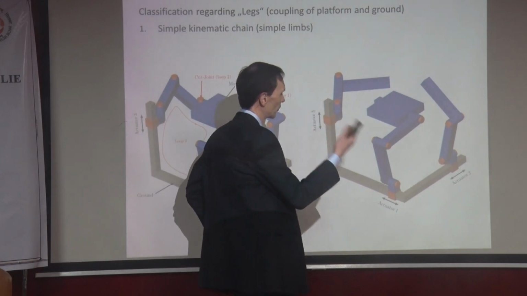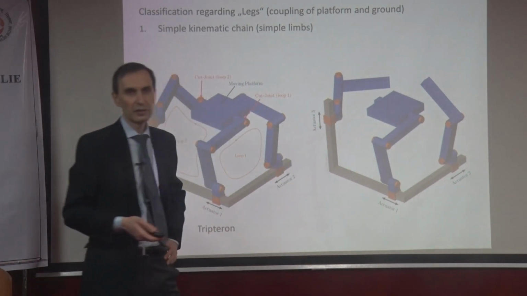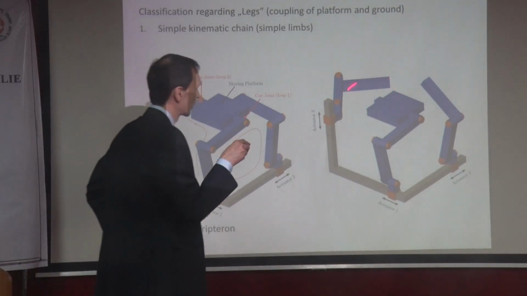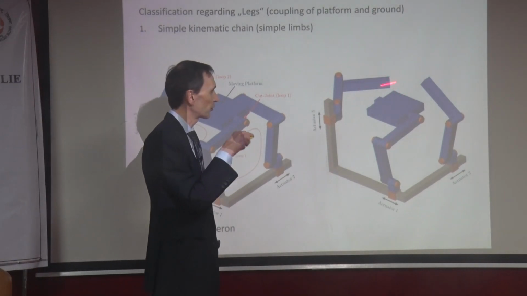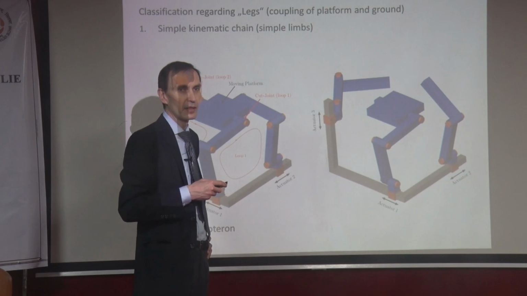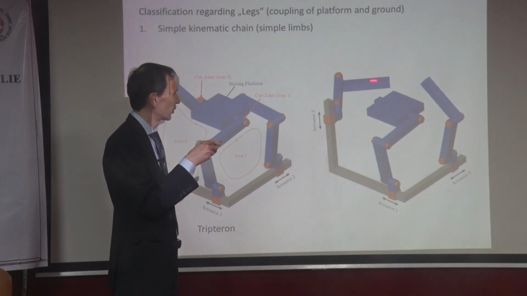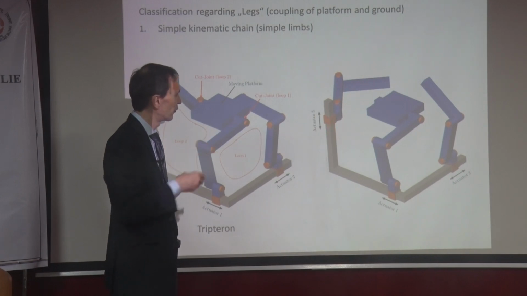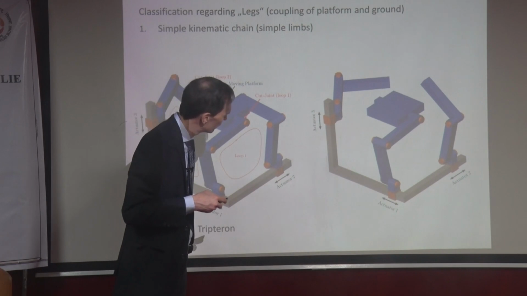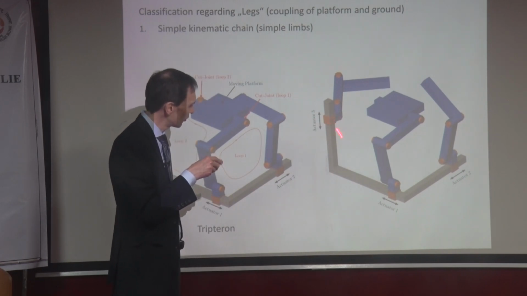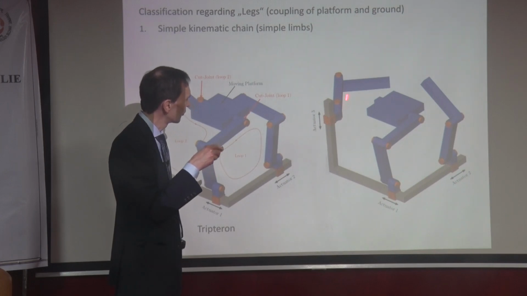And then what you could do, and what is done in general multi-body dynamics, is to formulate the kinematics and the dynamics of this system. So in this case we would have one kinematic chain to the ground, with 1, 2, 3 joints.